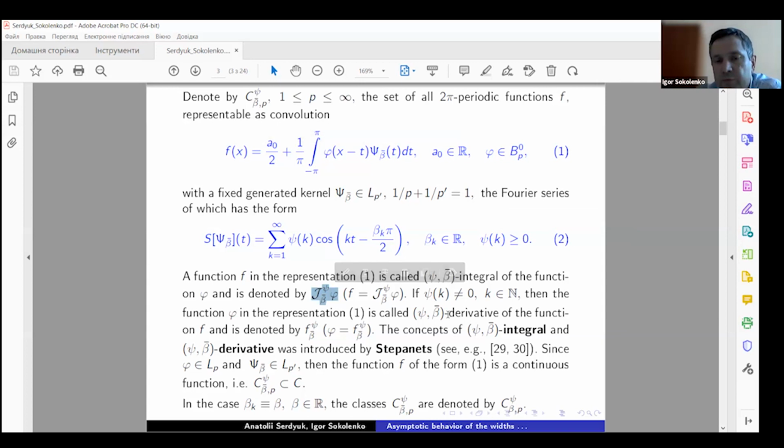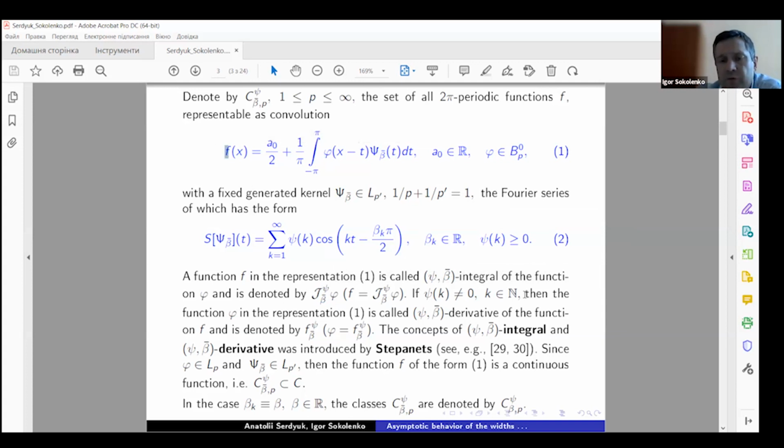If psi(k) is not equal to 0, then the function phi in representation 1 is called the psi-beta derivative of the function f.